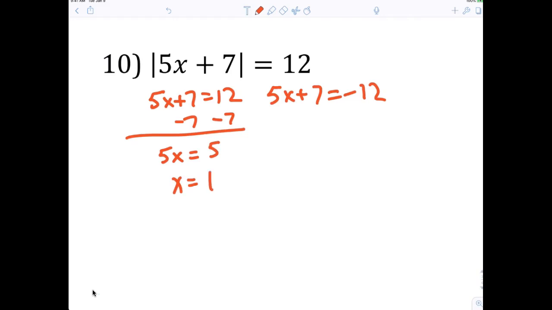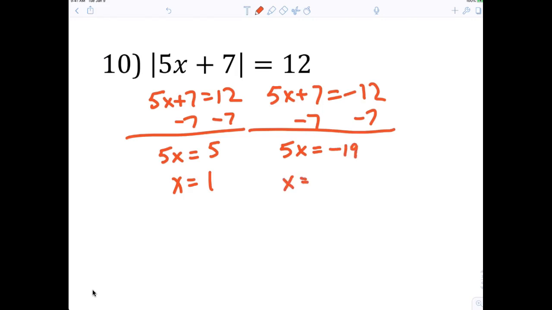All right, next. What do we get? 5x equals what? 5x equals 5. Wait, oh, wait. Wait, yeah. Oh, what? Negative 19.